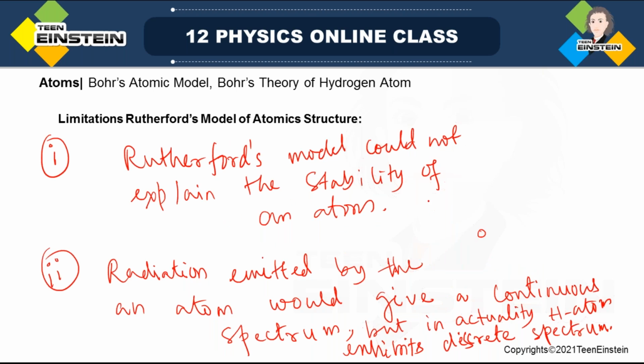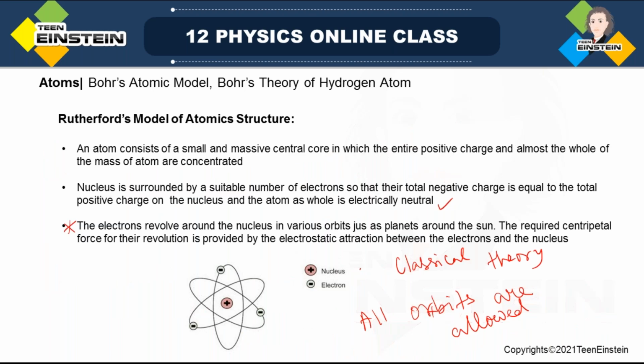Rutherford's model could not explain the stability of the atom. See, in the third postulate, Rutherford states that electrons can orbit in any possible orbit. But it is not true because electrons are charged particles.